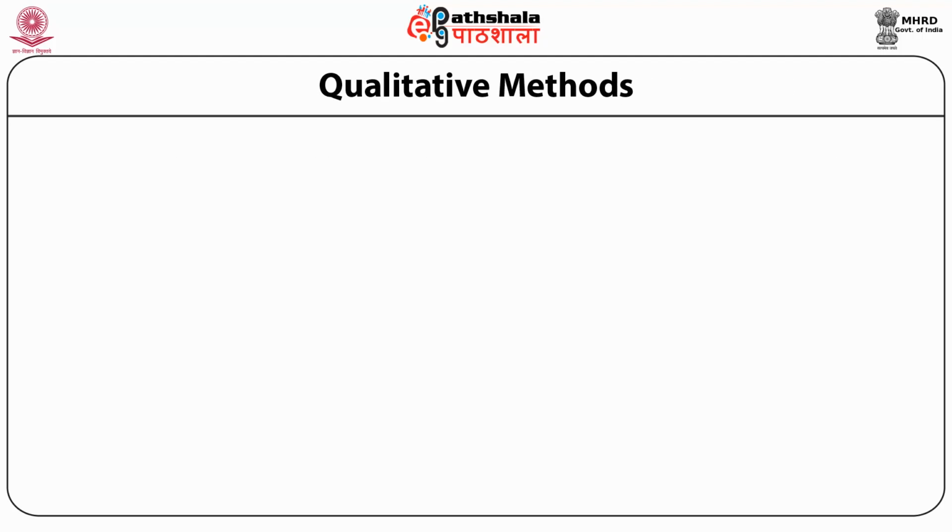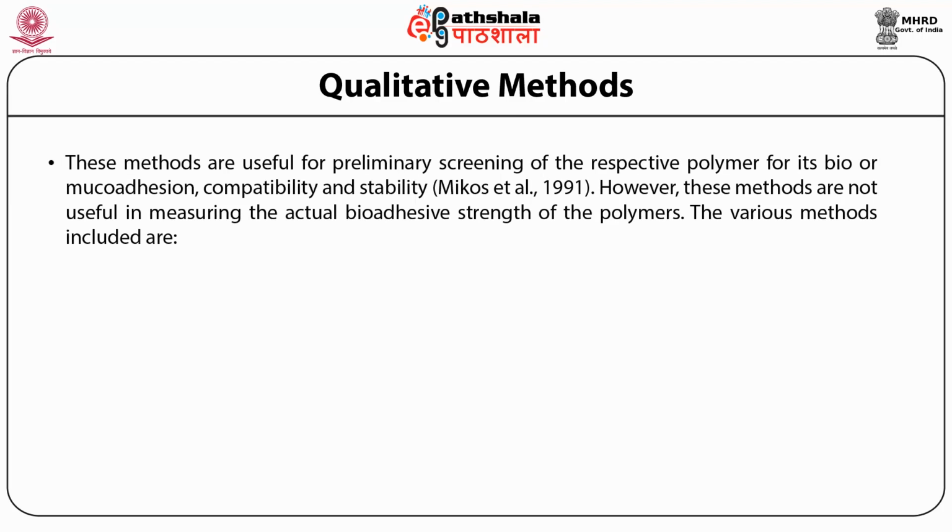The second set of methods which aim at measuring mucoadhesion are under the category of qualitative methods. These methods are useful for preliminary screening of the respective polymer for its bio or mucoadhesion, compatibility, and stability.